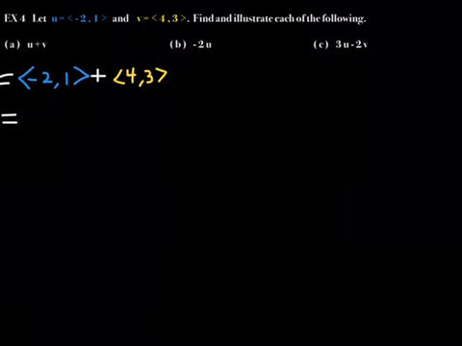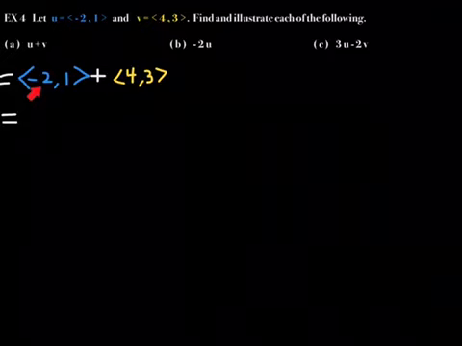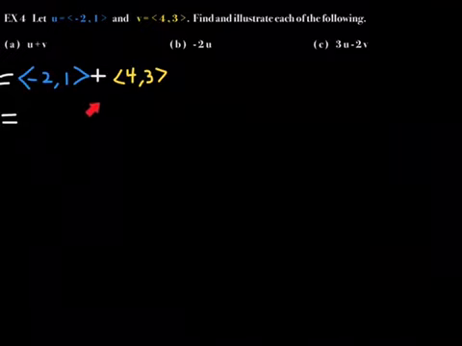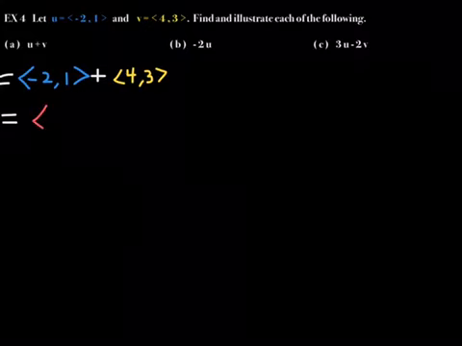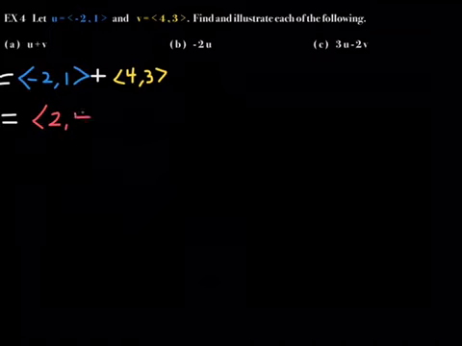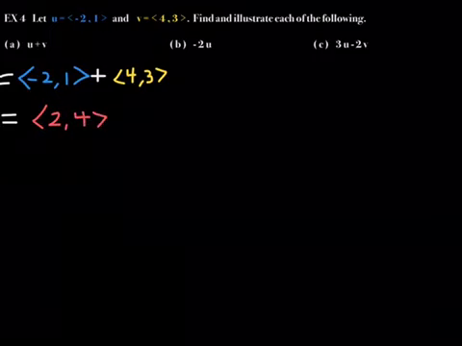You could probably guess we're going to add like components. So this horizontal component plus this horizontal component, and then this vertical component plus this vertical component, which will give us the components negative 2 plus 4, which is 2, comma, 1 plus 3, which is 4. So there's the sum.